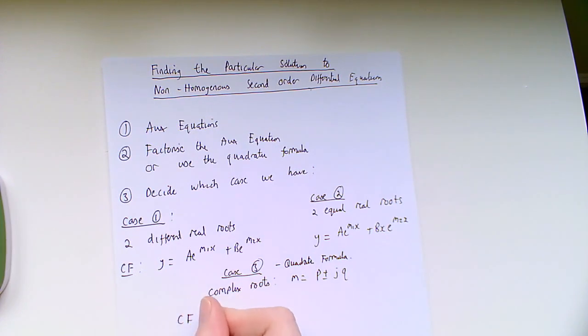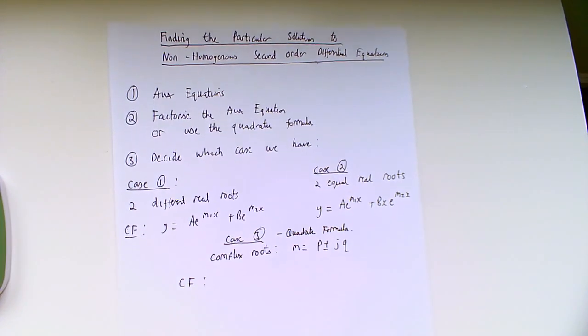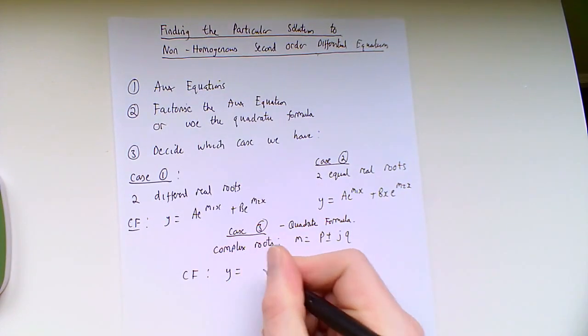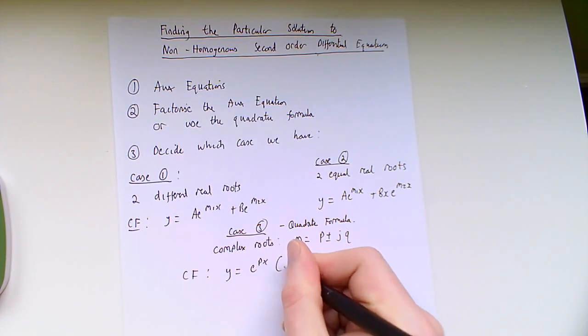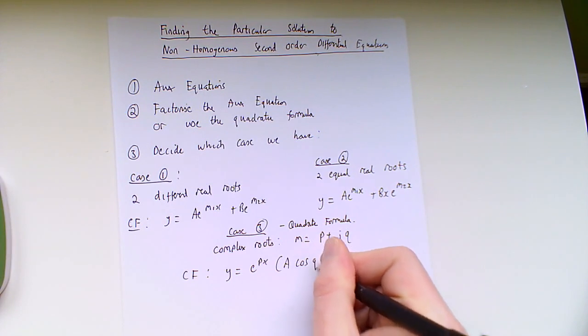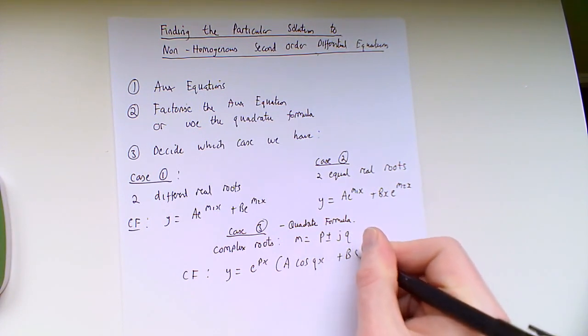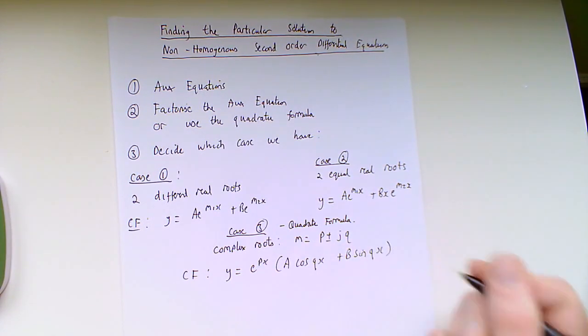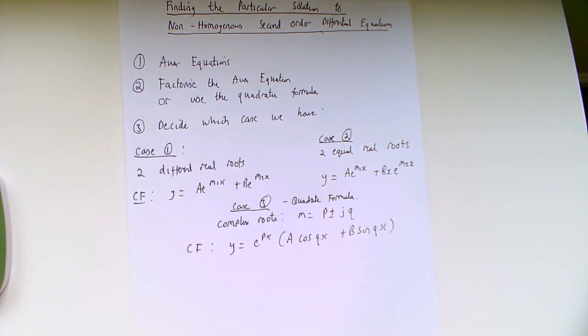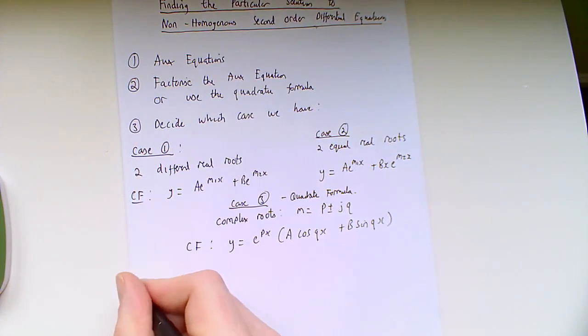In that case, our complementary function is y equals e to the power of px times a cos qx plus b sin qx.